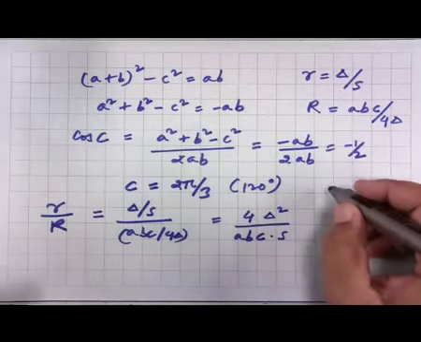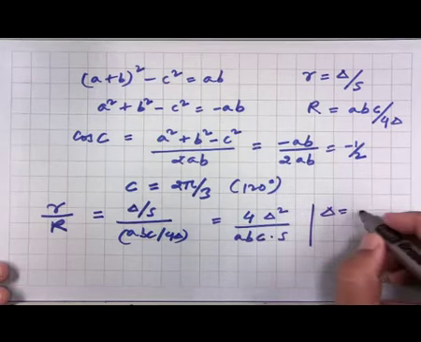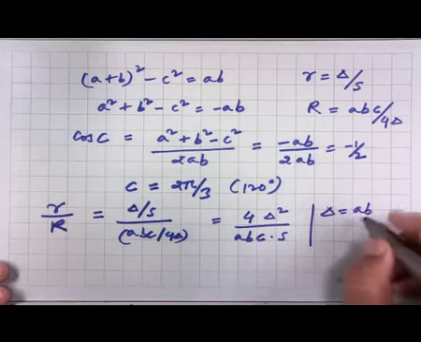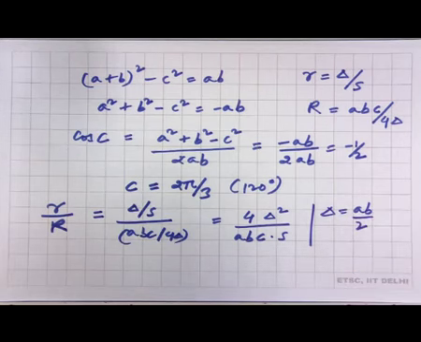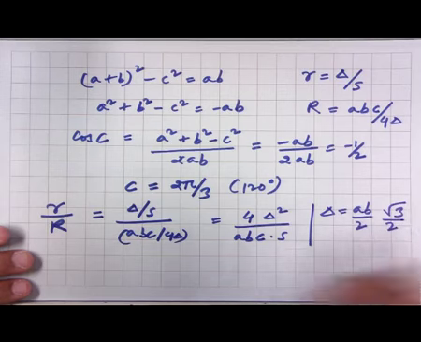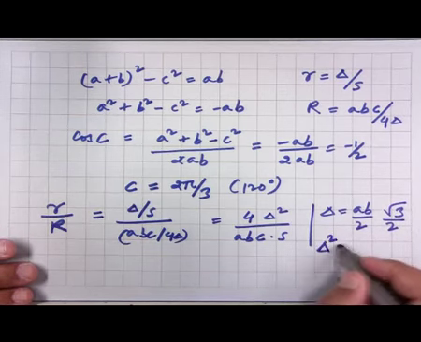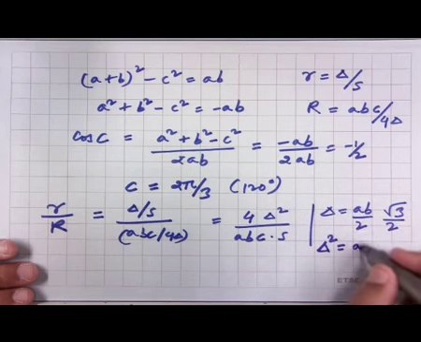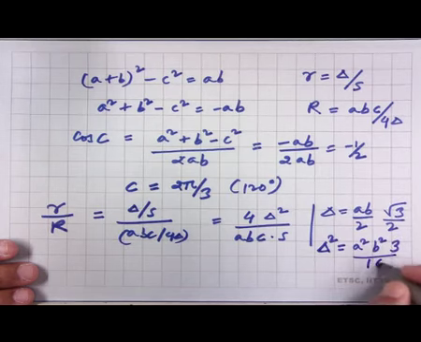Hence, if we substitute area equal to AB upon 2 into sine of C, but sine of 120 degrees is square root of 3 over 2, and therefore the square of the area will be A square B square into 3 over 16.